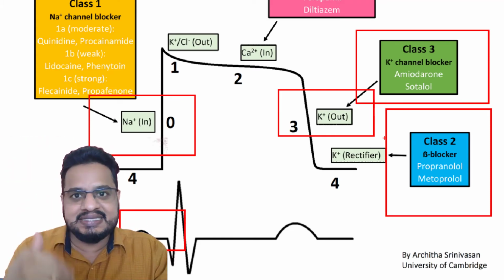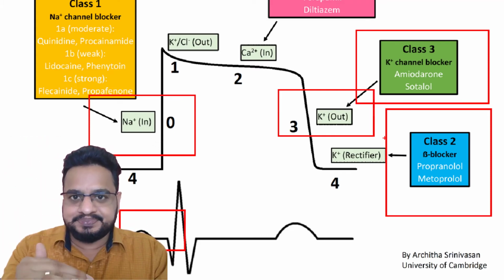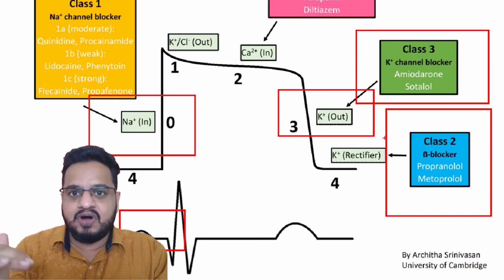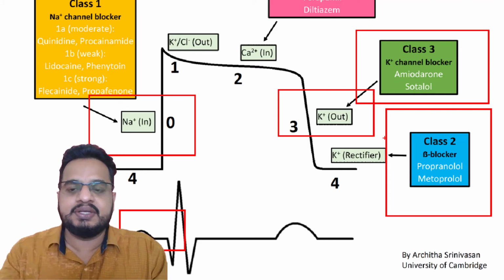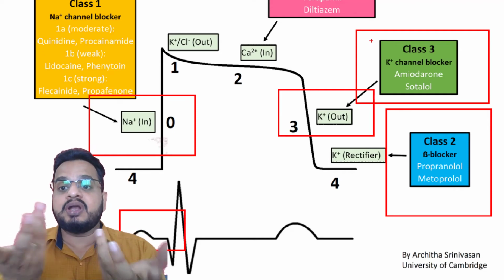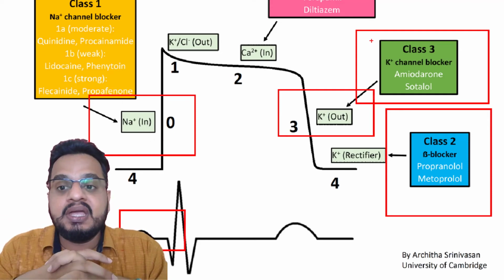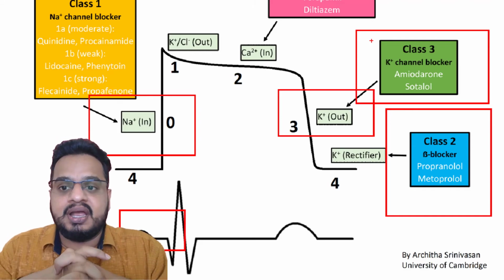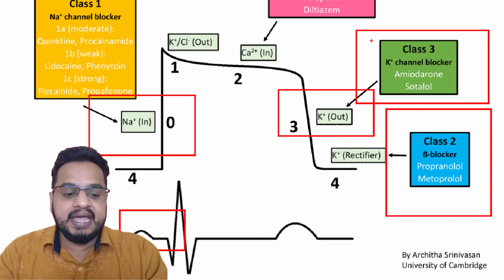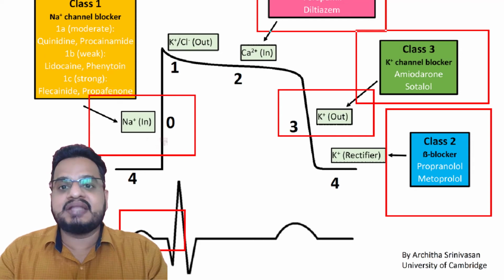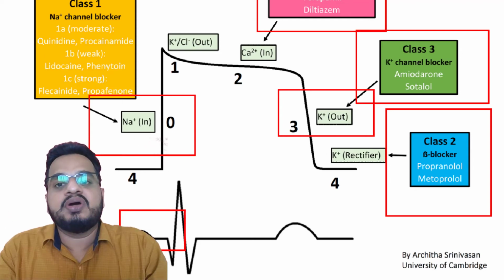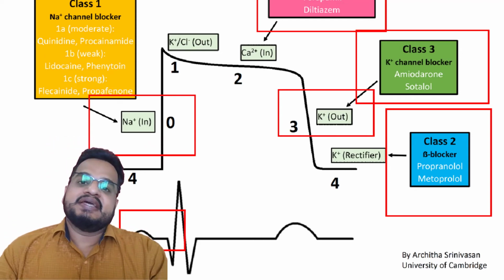Understand this part, and this exactly overlaps with the graph of the PQRST wave. Examples of potassium channel blockers are amiodarone and sotalol. And class 4 are the calcium channel blockers, verapamil and diltiazem.